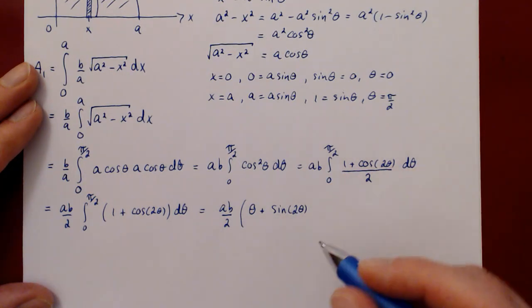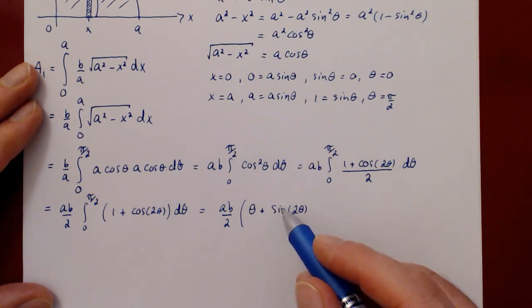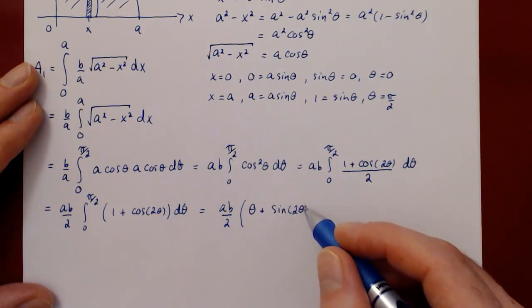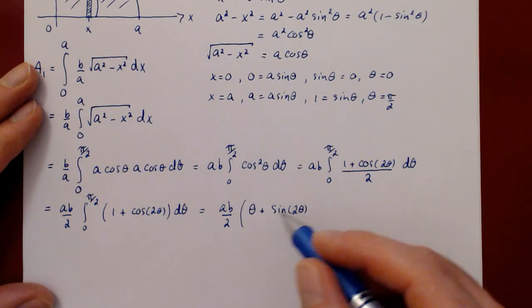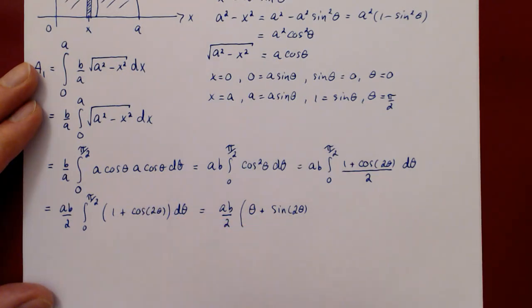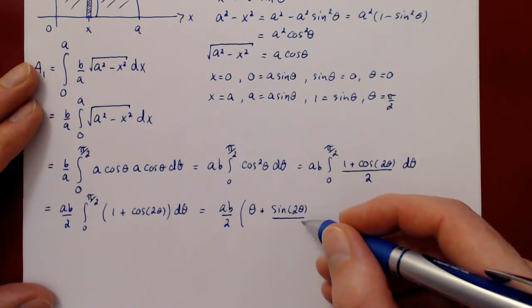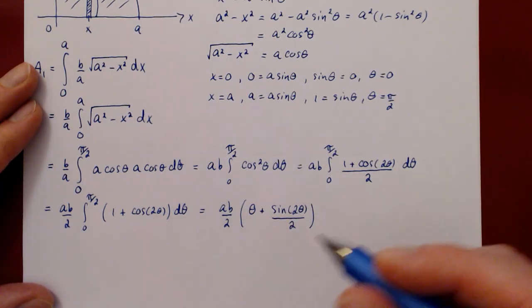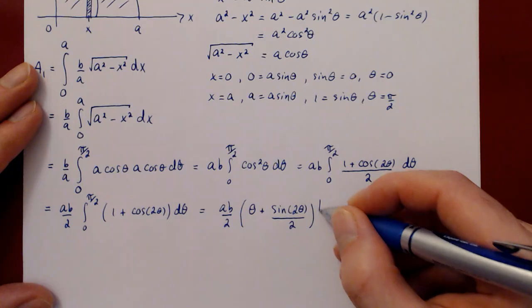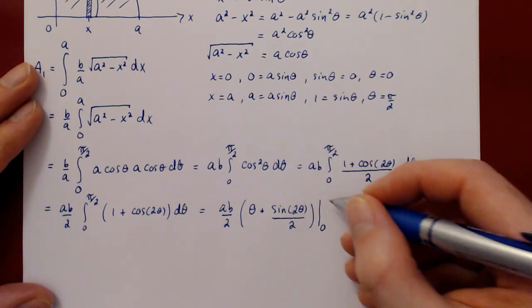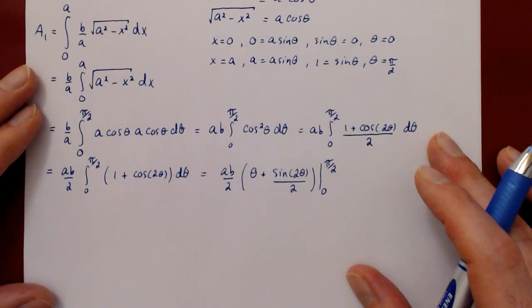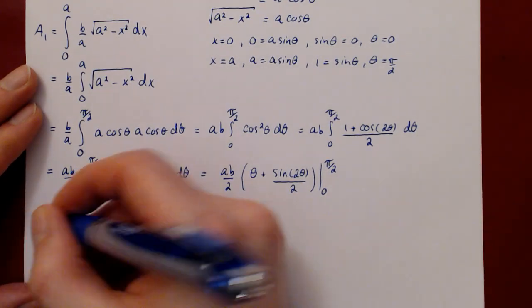If you think of the chain rule, the derivative of this will give you cos of 2 theta, check, but then times the derivative of the inside, times 2. There is no multiple of 2 here, so we have to divide by 2. We now have the antiderivative, and we must, by the fundamental theorem of calculus, evaluate the antiderivative from 0 to pi over 2. And now we just have to sub in and evaluate.